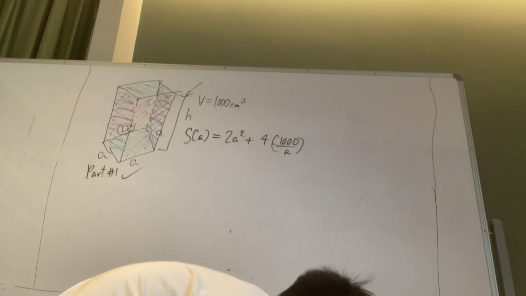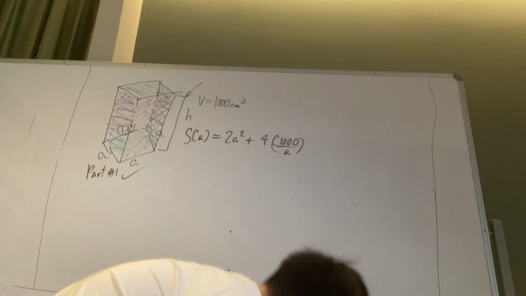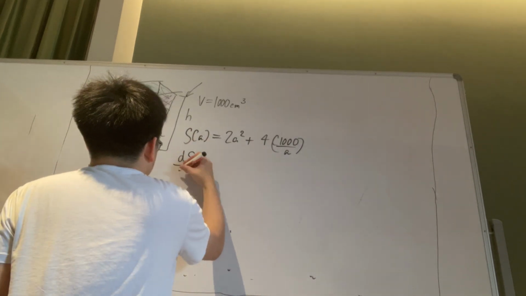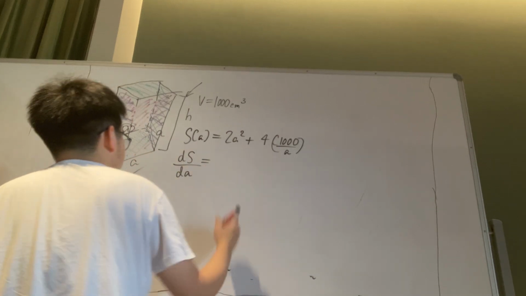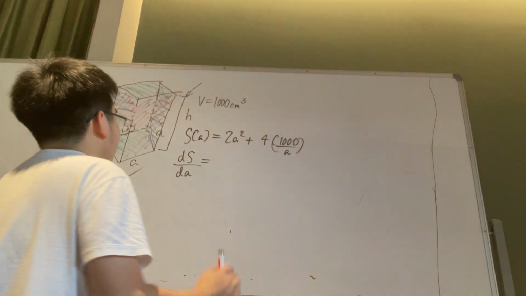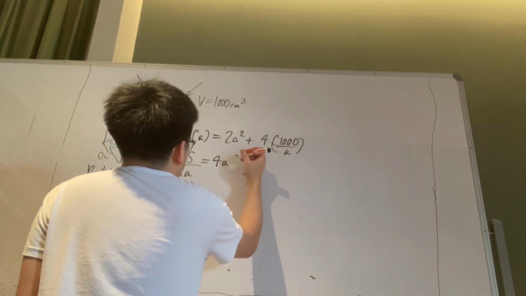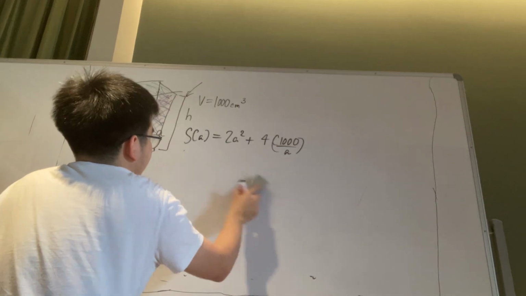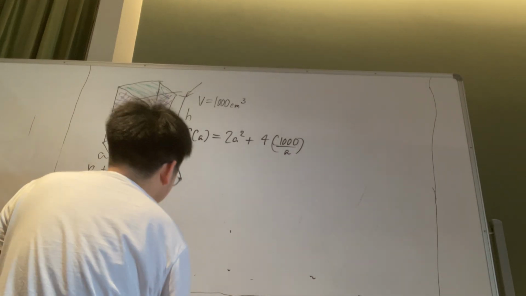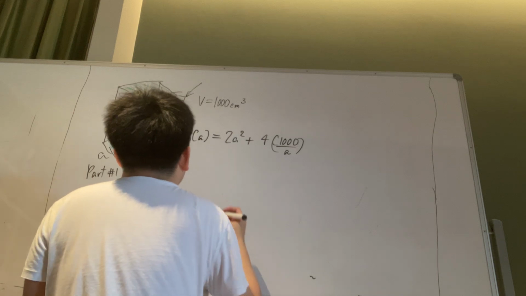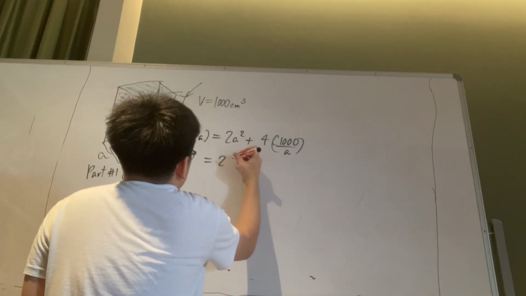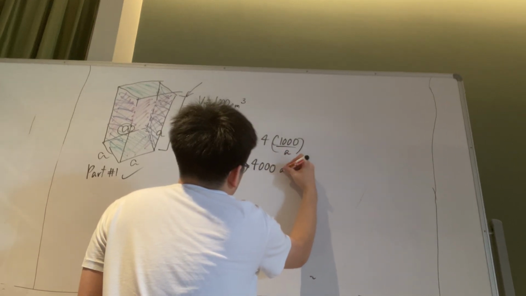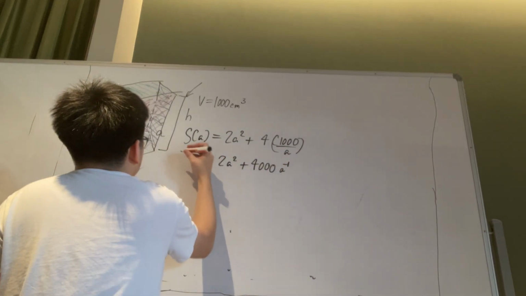So I want to find dS/dA equals 0 and then find what value of A I get for that. This has a quadratic term, which is nice, because the derivative of it is going to be a linear function. I should have rewritten this, because we don't like the a in the denominator. We want negative exponents. So S of A is 2a squared plus 4,000 a to the negative 1.